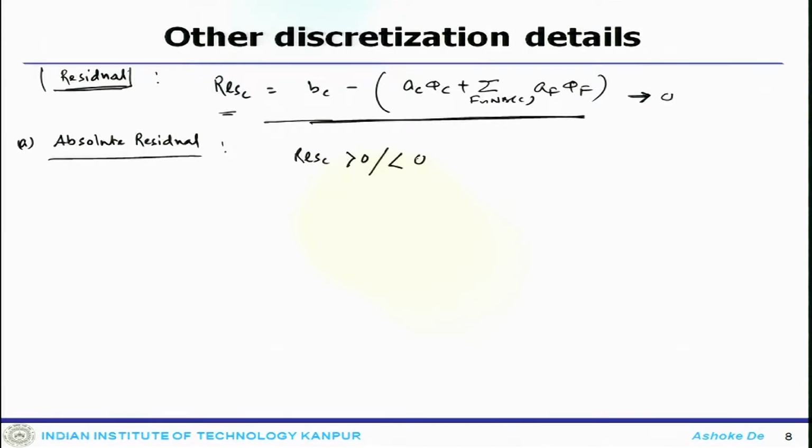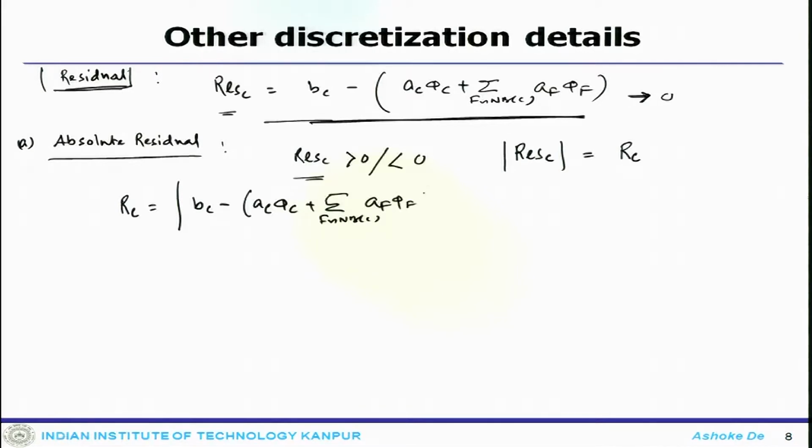Since the sign is immaterial, the absolute value of the residual, which is denoted by R C, can be used to decide whether the solution has converged. R C is nothing but the absolute value of B C minus A C phi C plus summation over nb C of A F phi F. So, this absolute value can determine whether the solution has converged or not.